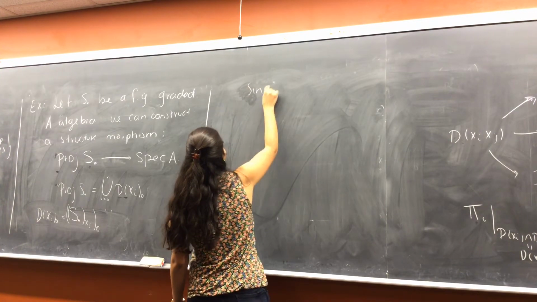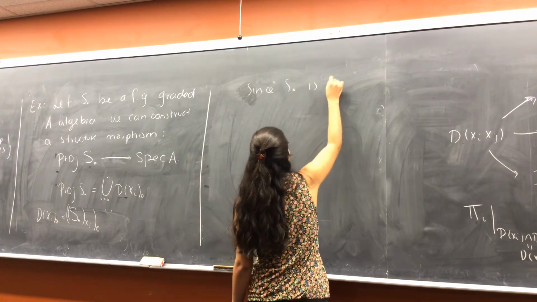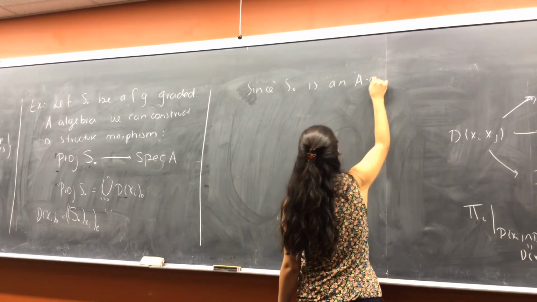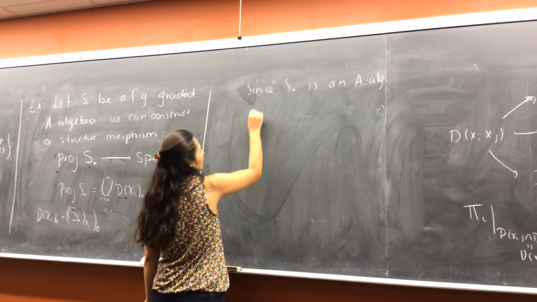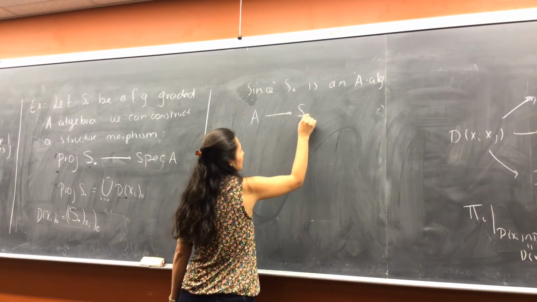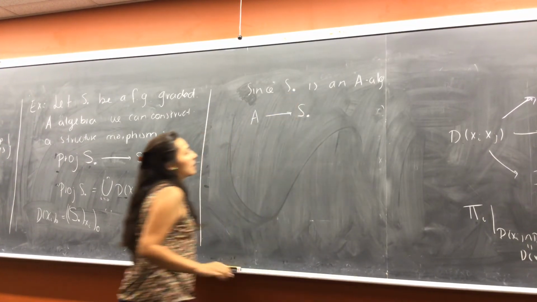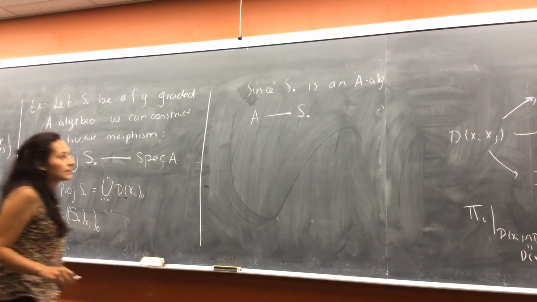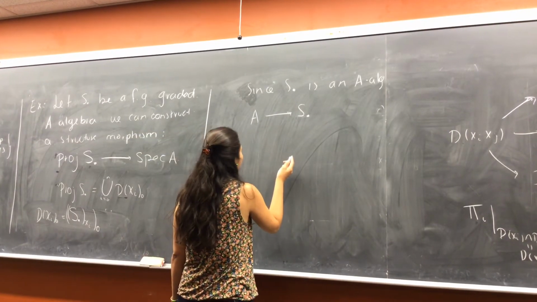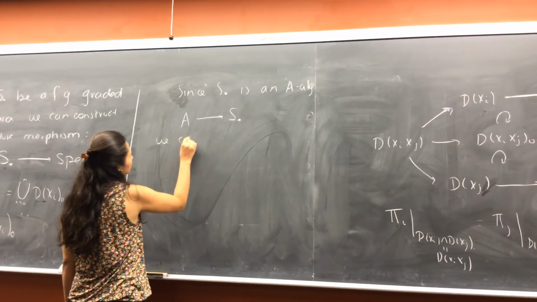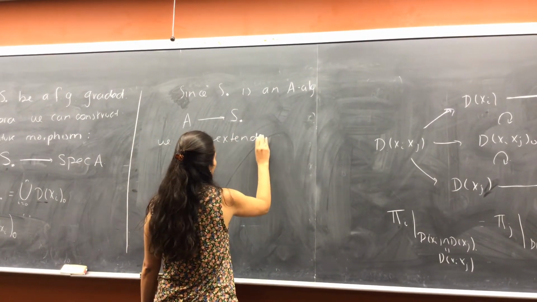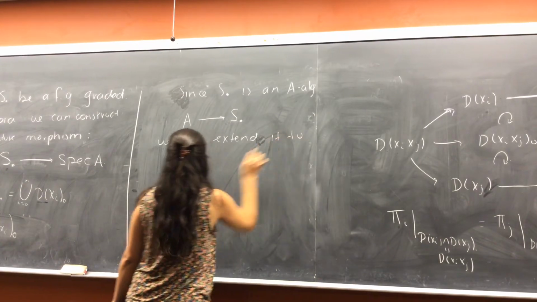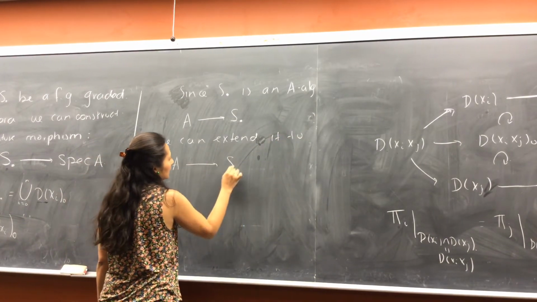So since S is an A-algebra, there is a morphism of rings from A to S. And we can extend it to a map from A to the localization.